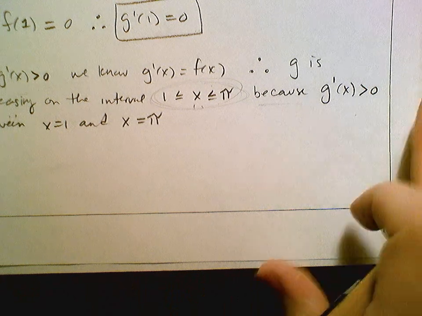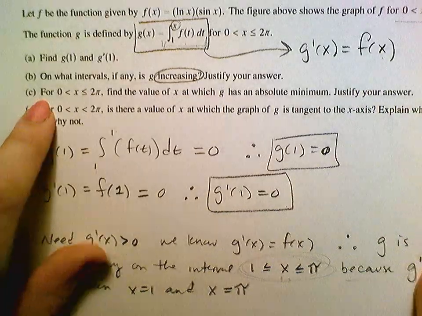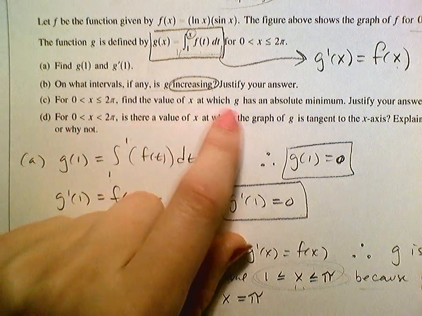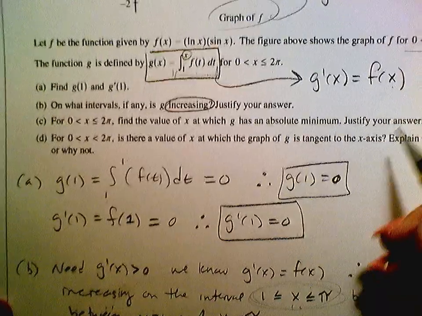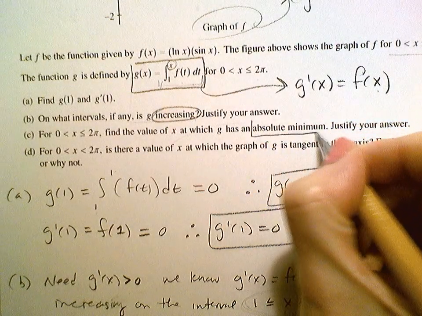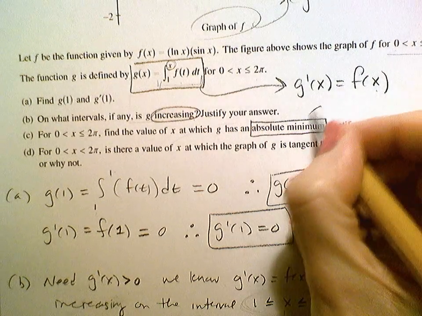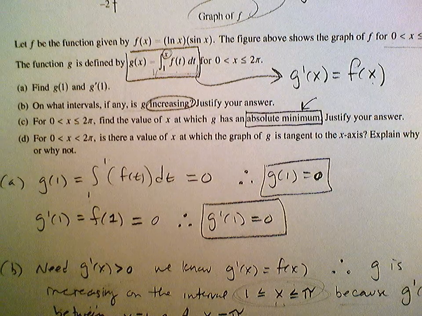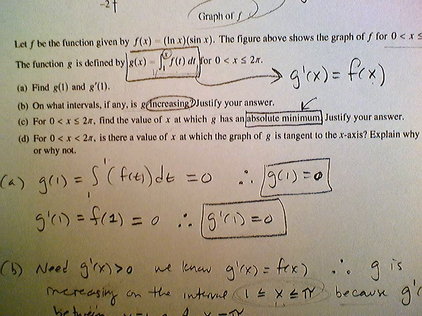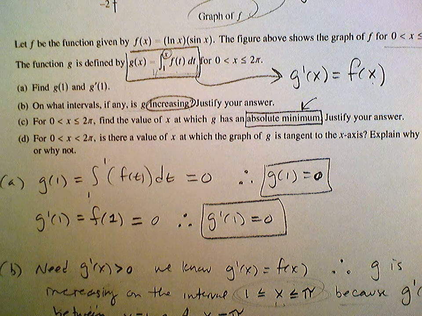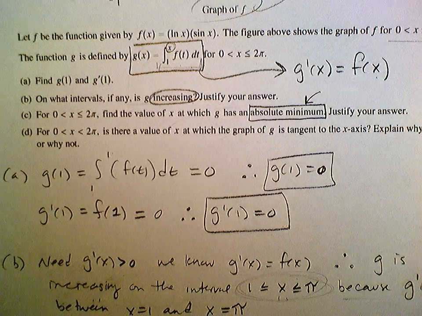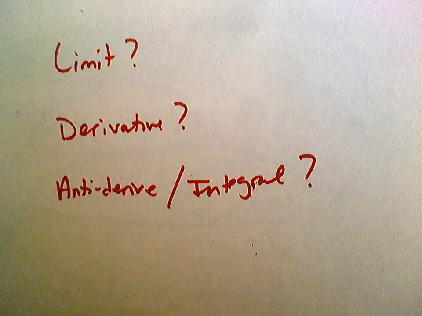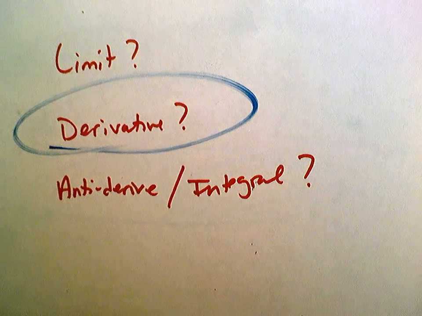All right, now, for this interval, find the value of x at which g has an absolute minimum. Absolute minimum. Okay? So guys, when you hear about minimum, maximum, increasing, decreasing, any of that, limit, derivative, or antiderivative, derivative.